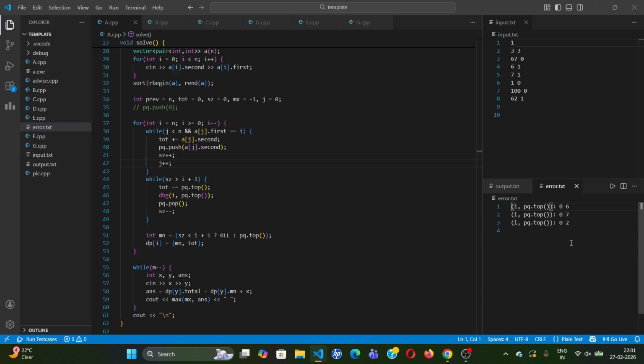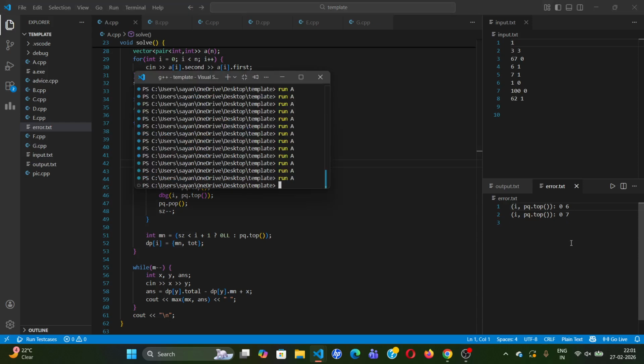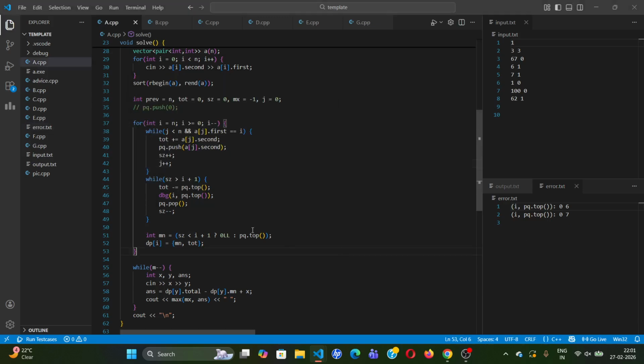0 6, 0 7, 0 2. 0 6, 0 7. i is 0. Then it will pop 6. Then it will pop 7. Perfect.